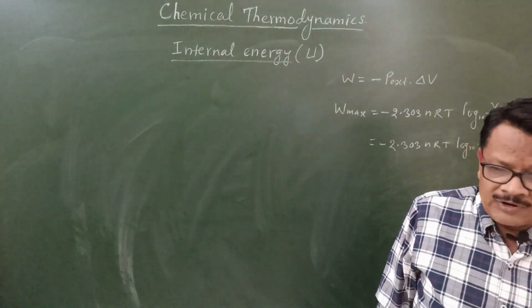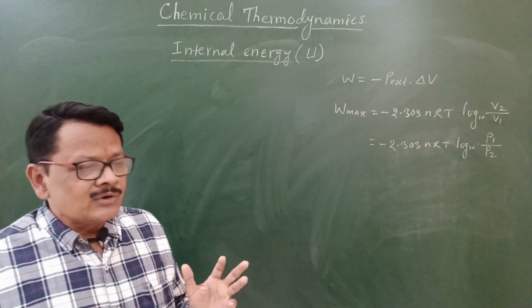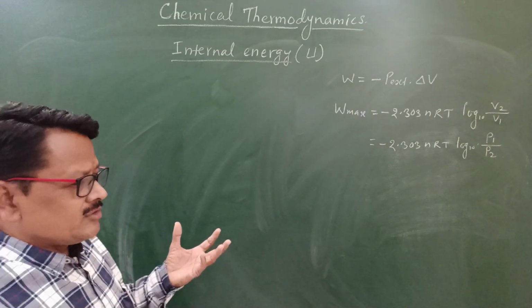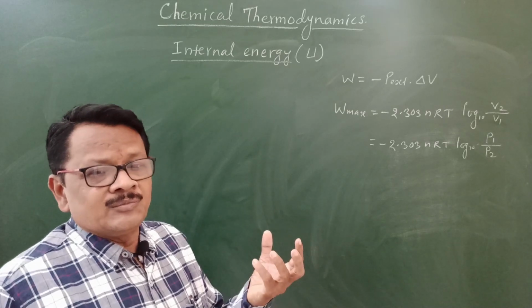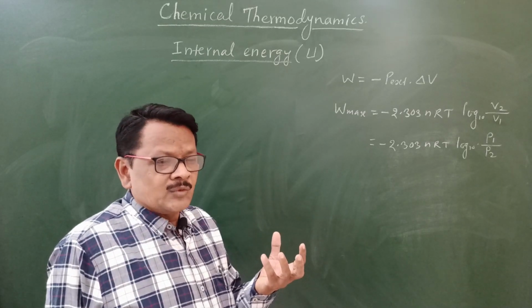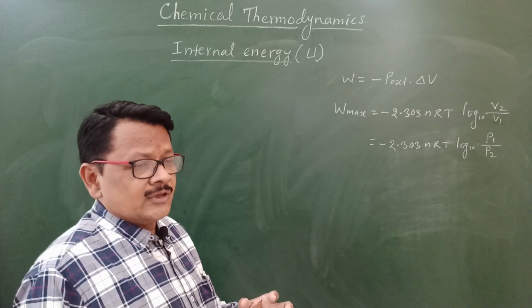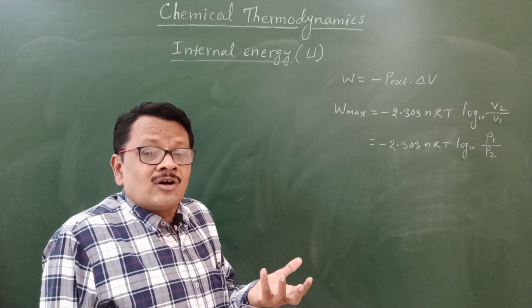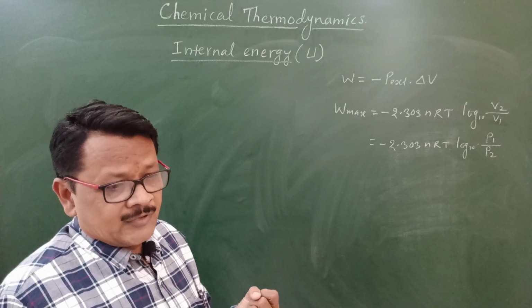You see here, it is given in the definition of internal energy. It is the total amount of energy that is associated with the system. It is present in the system, and this total amount of energy present in the substance or in the system is the internal energy of each and every molecule present in that substance.